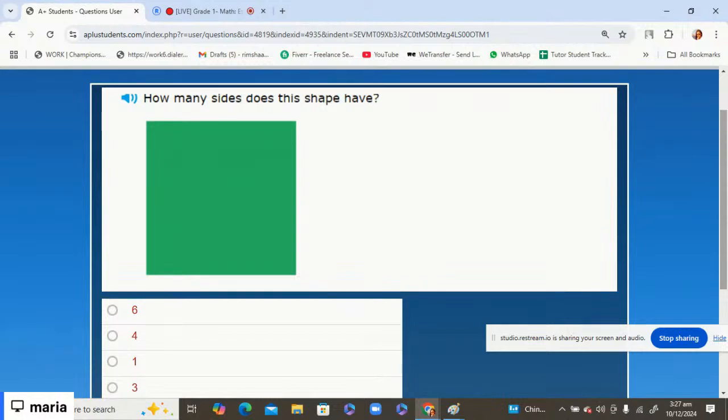Okay, how many sides does this shape have? How many sides does this shape have? Again, talking about the sides, not vertices. Tell me, everyone.